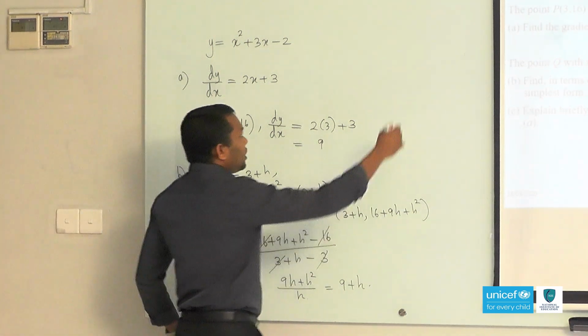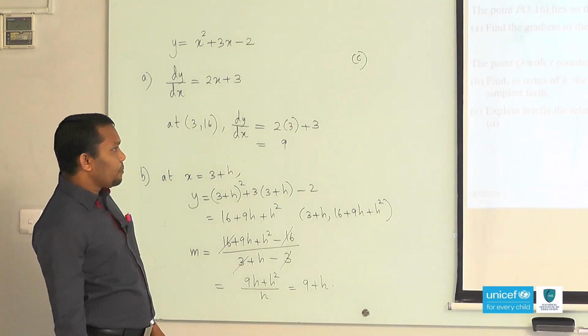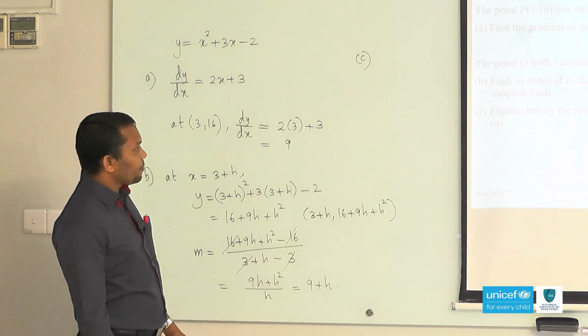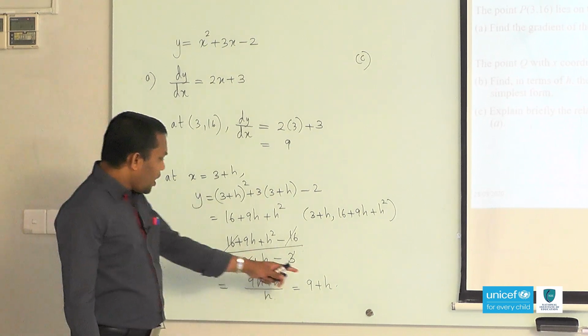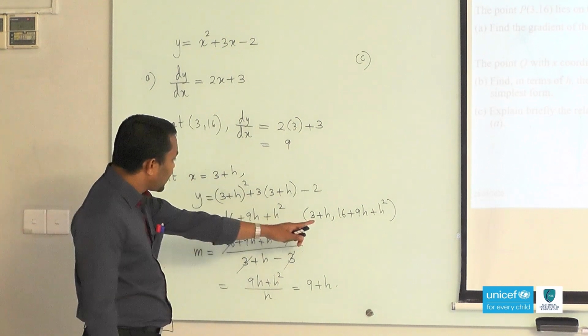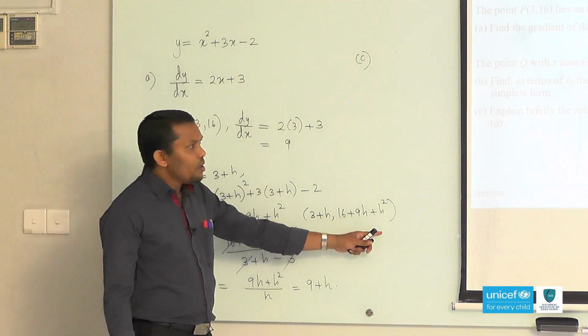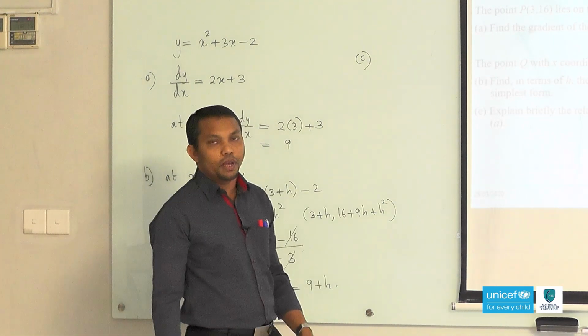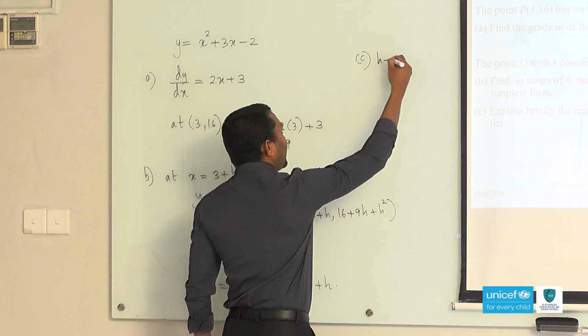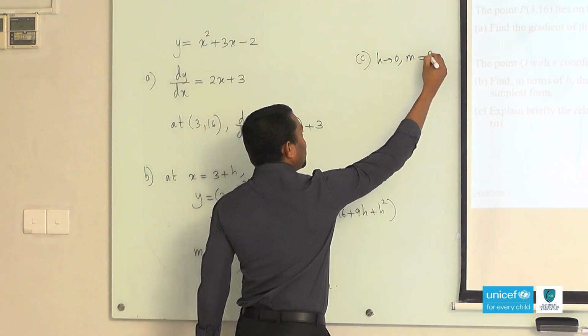Part C says, explain briefly the relationship between your answer to B and your answer to A. Now, what would happen if h tends to 0? If h tends to 0, this particular point (3 plus h, 16 plus 9h plus h squared) will be sufficiently close to P. So, as h tends to 0, the gradient m will be equal to 9.